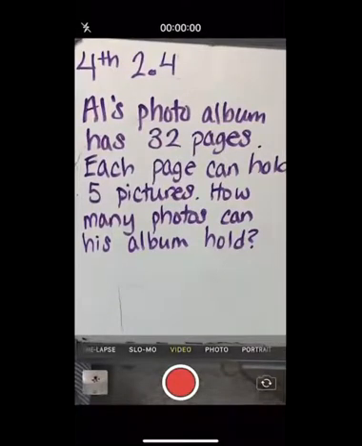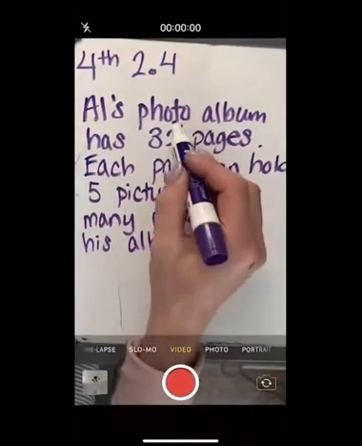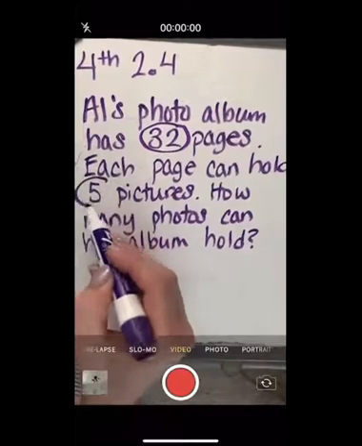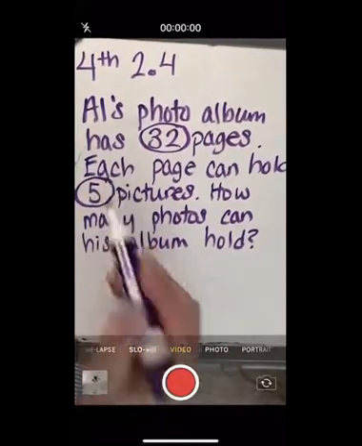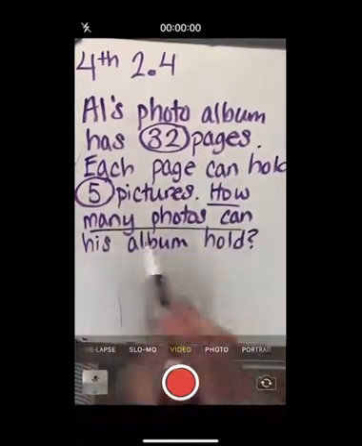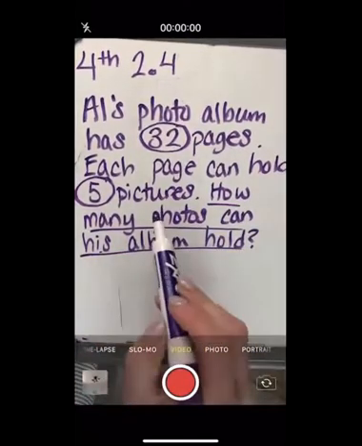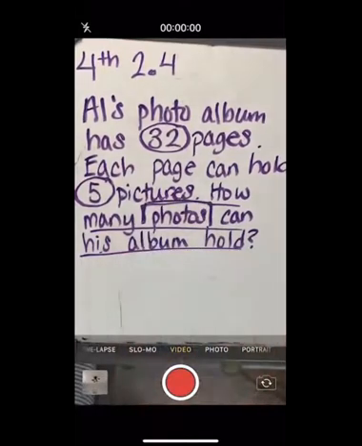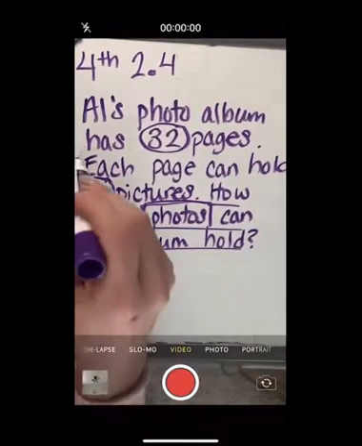If we were to go through this, we know we need to pull out our numbers. I see 32 and I see 5. And I need to underline my question: how many photos can his album hold? So I know I'm working with photos here. I'm not working with pages, I'm working with photos. I also see the word each.